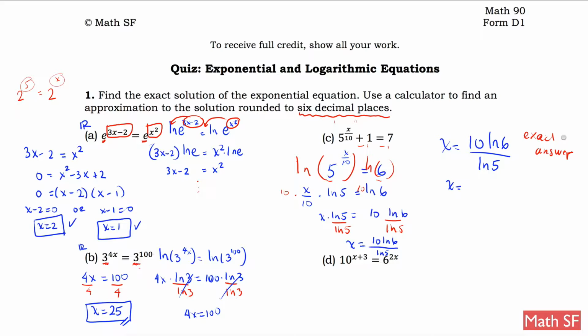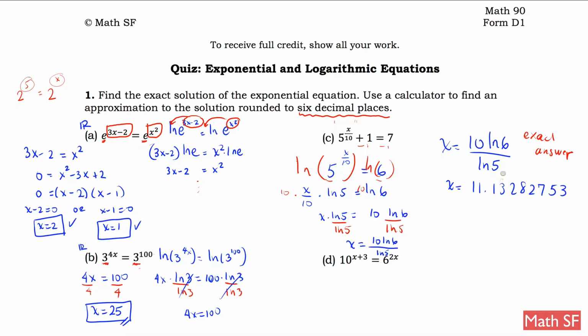I'm just going to write 10 times ln of 6 divided by ln of 5. My calculator gives me a really long list, which is 11.132822753. But they want up to 6 decimal places.